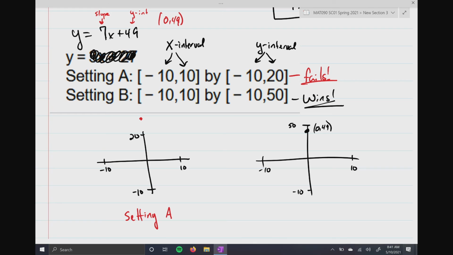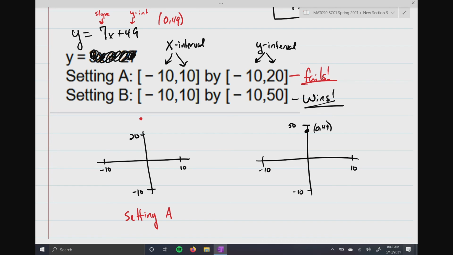And if you look at this, 0,49 is our y-intercept. You're not going to see that here. You only see it in the second. Well, in this case, it's going to be 10,50 is where you're looking. Are there any questions? You got to ask now.